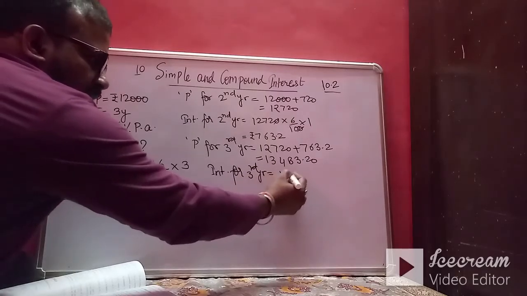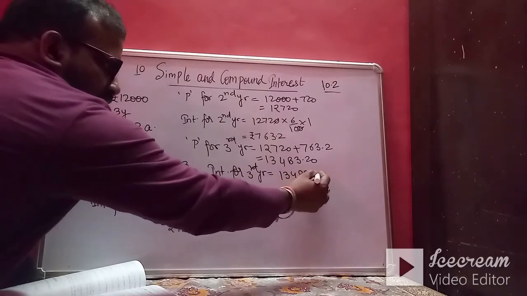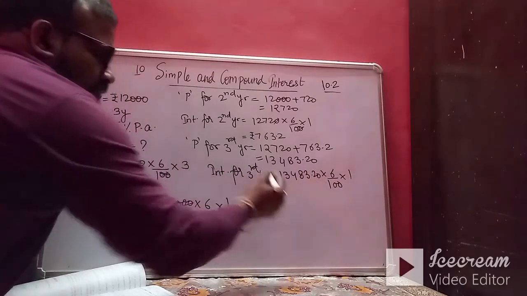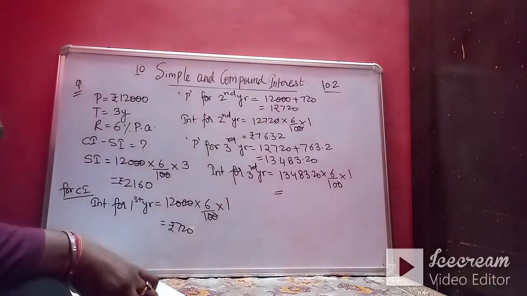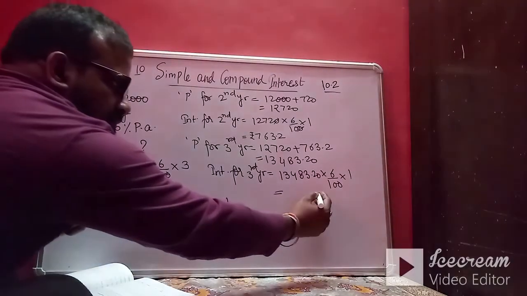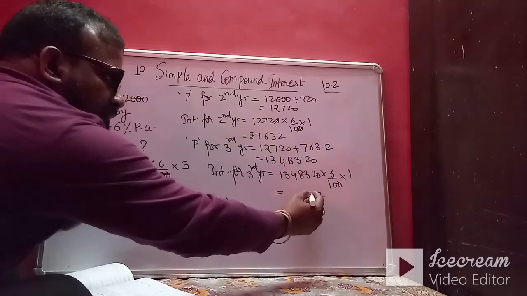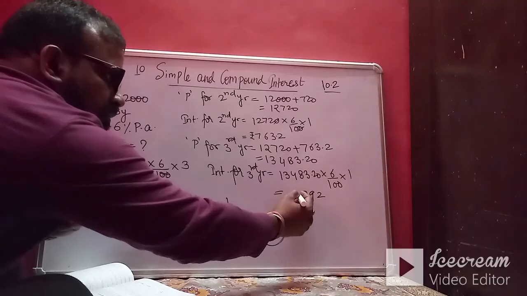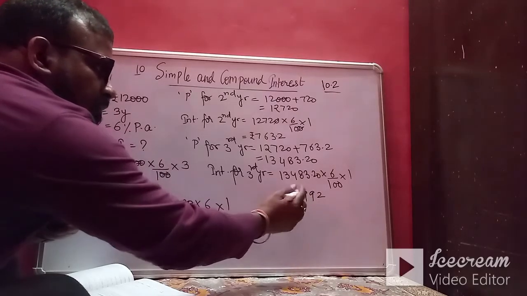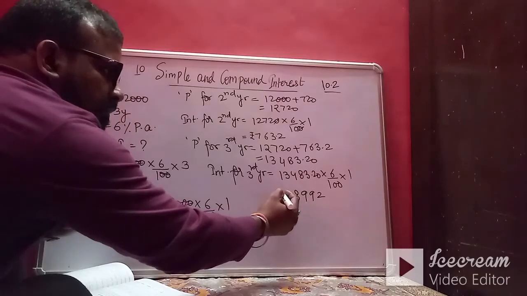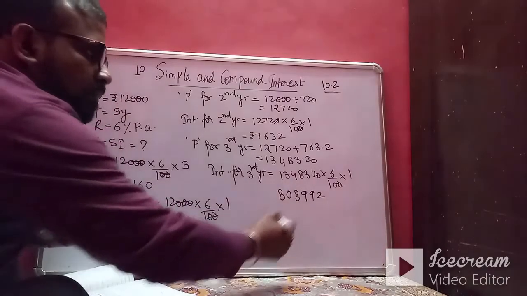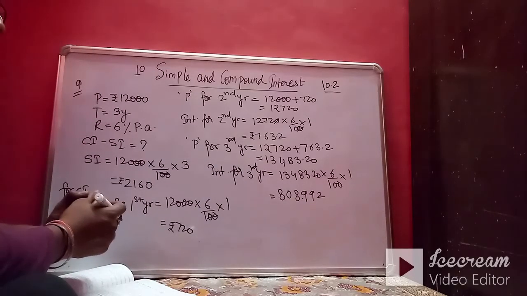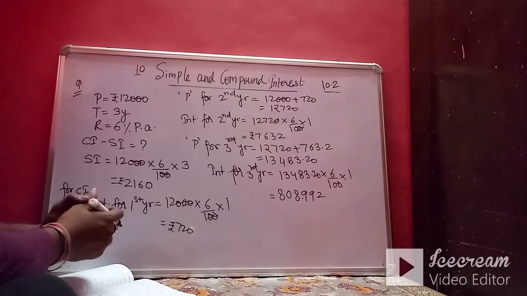So interest will be 13,483 rupees 20 paisa into rate is 6 upon 100 into 1. Okay. So this will be our interest for the third year.